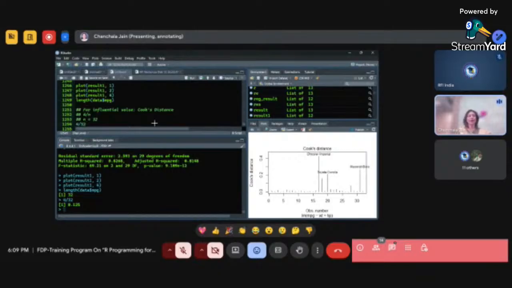Day 2, we started our journey with the data structures. Data structures play a very important role in R, because we have seen the limitation of object creation. Once I create a small variable, say for example X, and store a single value, say 1 or maybe 5, it will only take one value at a time.